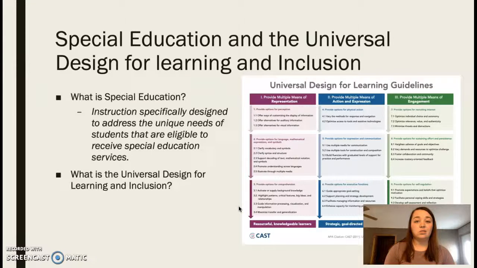So the universal design for learning is really a big key component of special education, and it fits into almost every different exceptional disability, as well as special education as a whole.